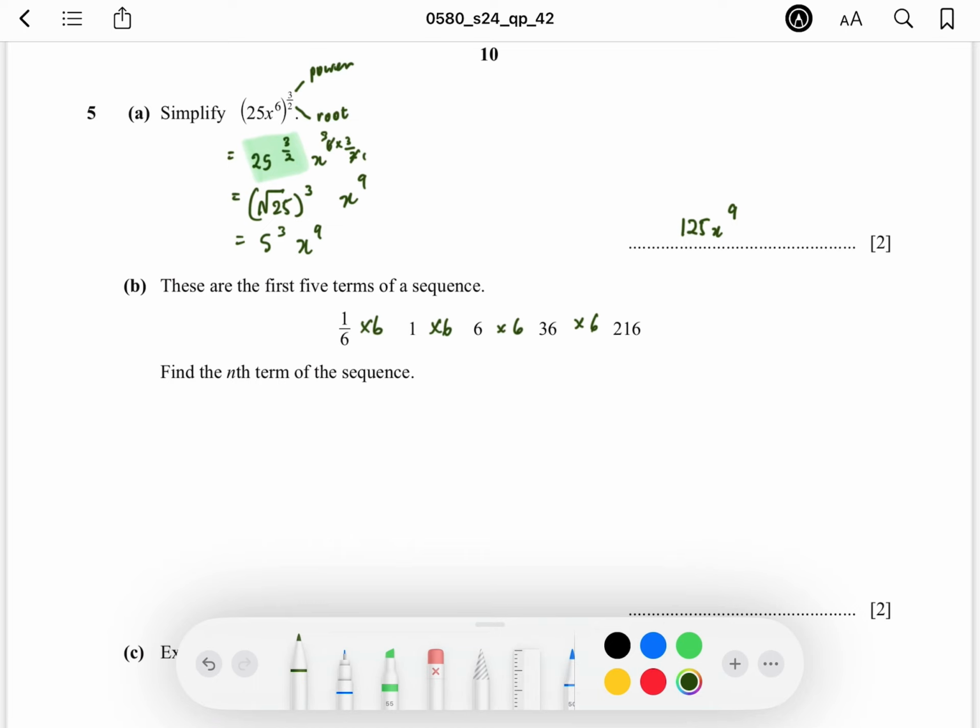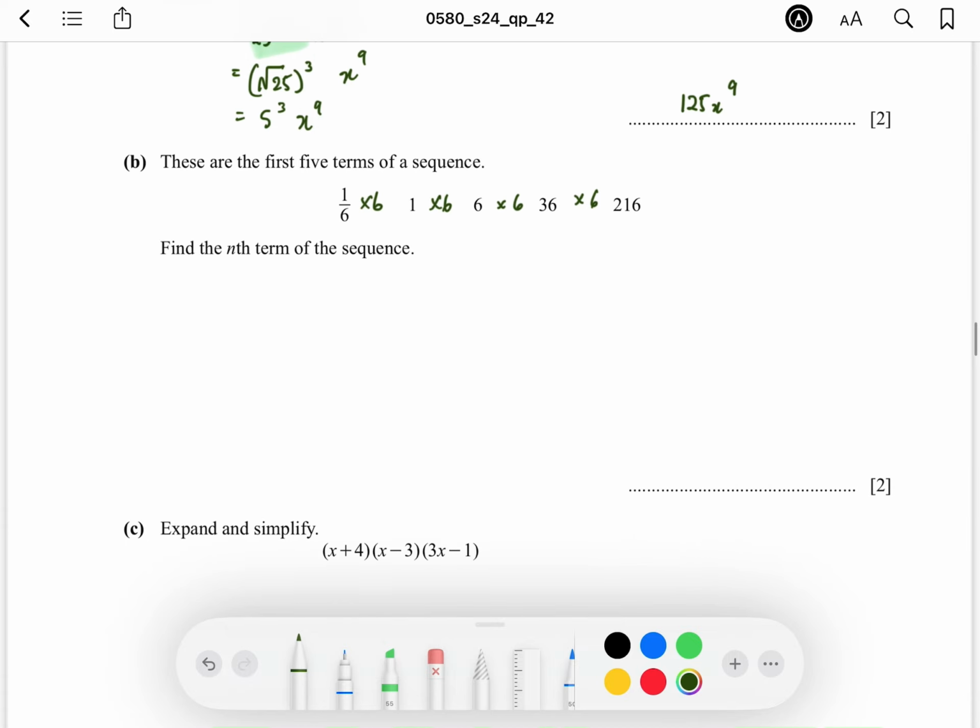It's actually an exponential. Kalau mengikut ia punya answer marking scheme, the nth term of the sequence is 6 to the power of n minus 2. There's a process to it, but it's not in your syllabus, so we'll just ignore that one.